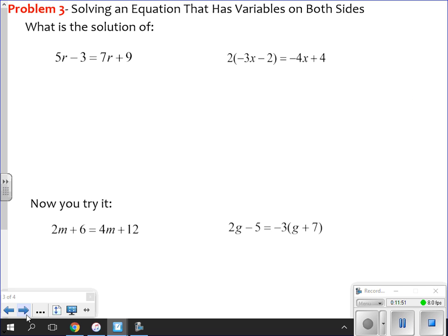Okay, this is where things get a little tricky. When you have variables on both sides, you want to get the variables to one side or the other first. Now, personally, I always like to get rid of which variable is smaller.